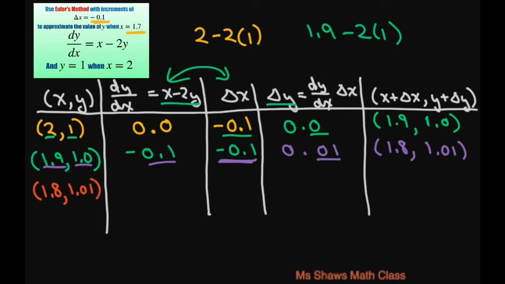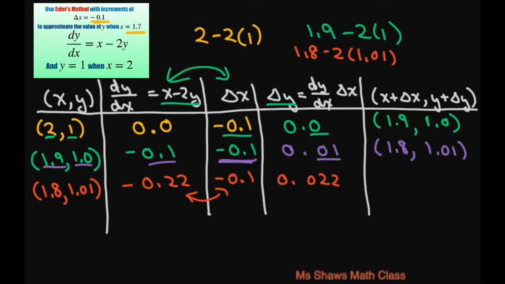All right, so now for this one, we're going to have x is 1.8 minus 2 times 1.01. That's going to give me negative 0.22. Our change in x stays the same, and then you multiply these two, you're going to get 0.022.